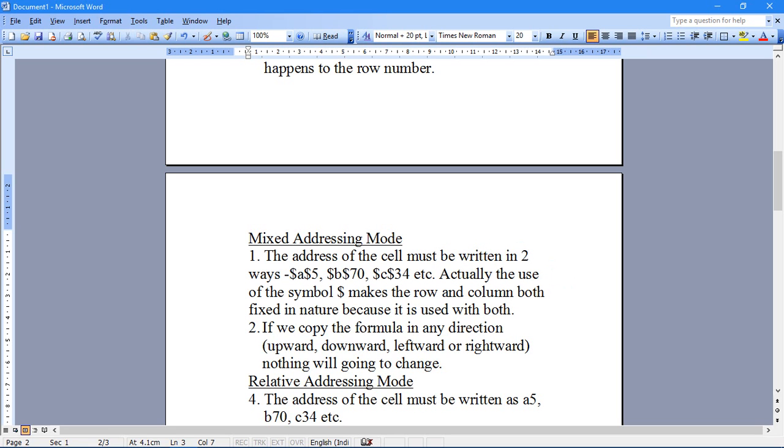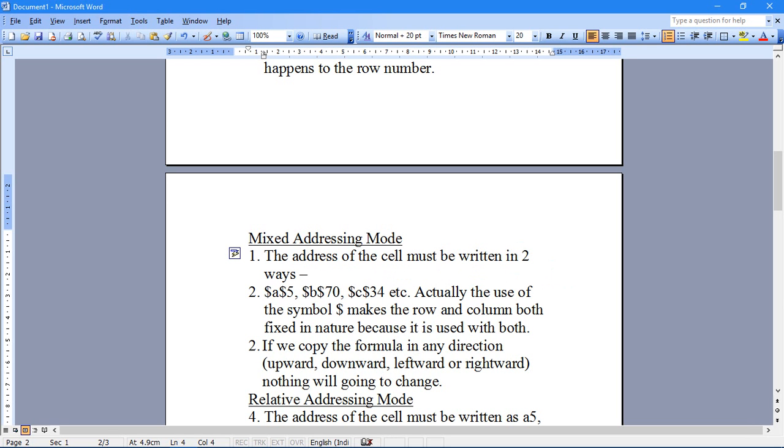What are the ways? Two ways. Either as A$5 or as $A5.